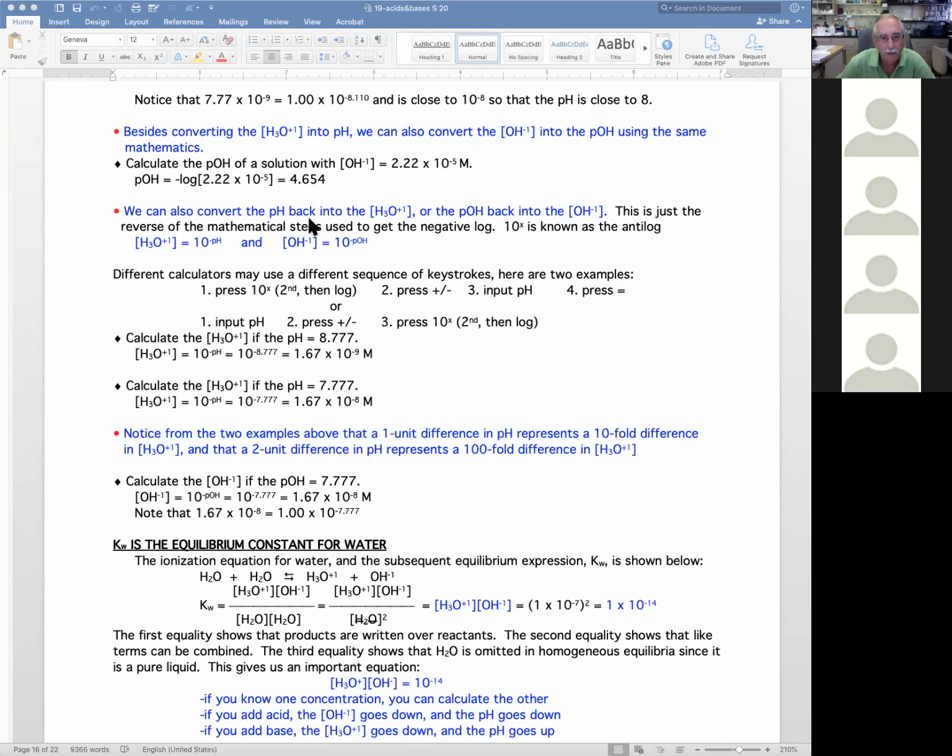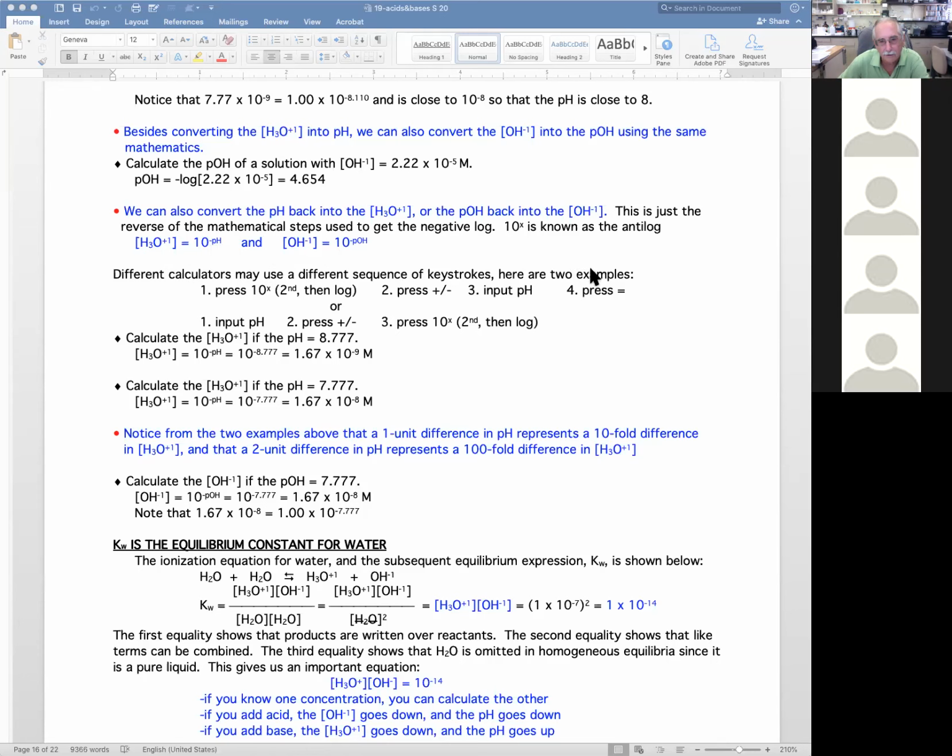So we can convert the pH back into the hydronium ion concentration, or the POH back into the hydroxide ion concentration. And here's the mathematics of that. Okay. So the hydronium ion is really 10 raised to the power of negative pH. Hydroxide is really 10 to the power of the negative POH.